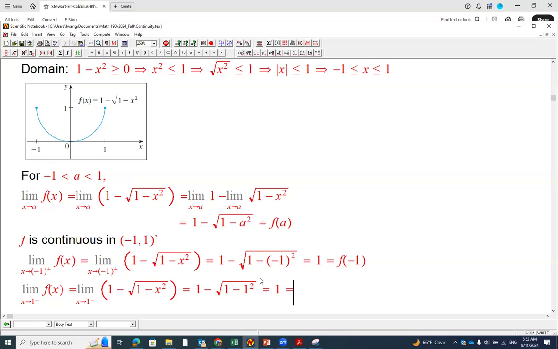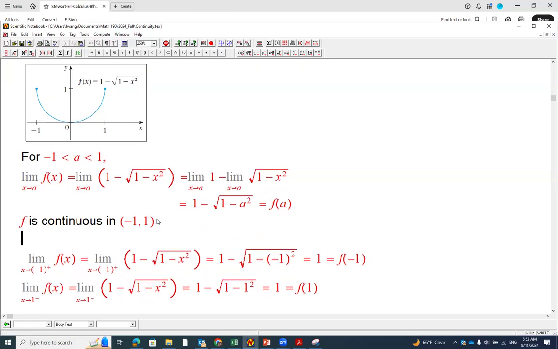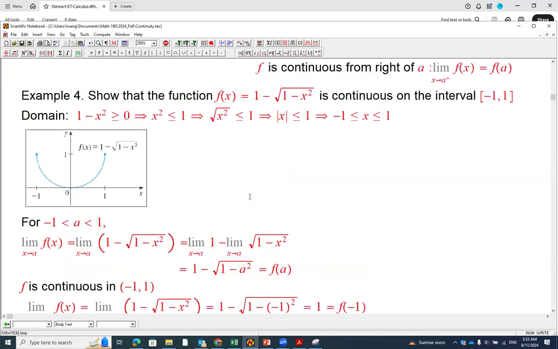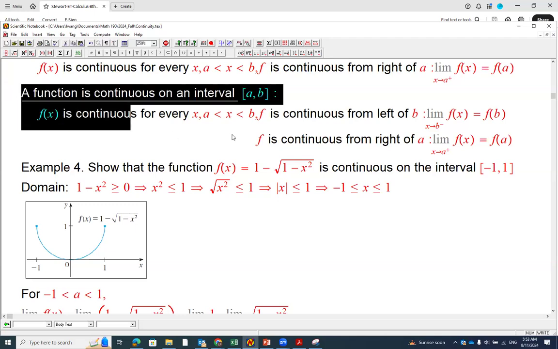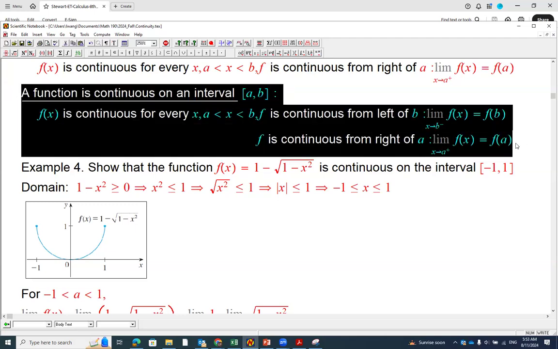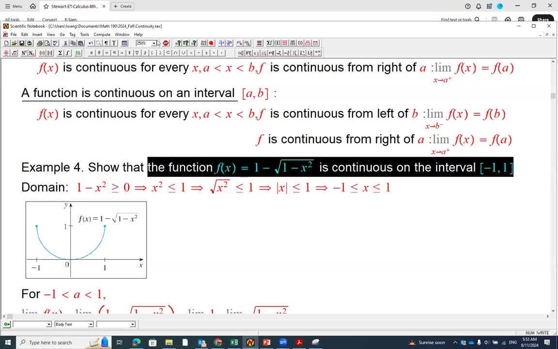And this equals f of 1 for sure. So we have demonstrated, even though the steps are pretty trivial, all three, right? So now we can say the function is continuous on the closed interval.